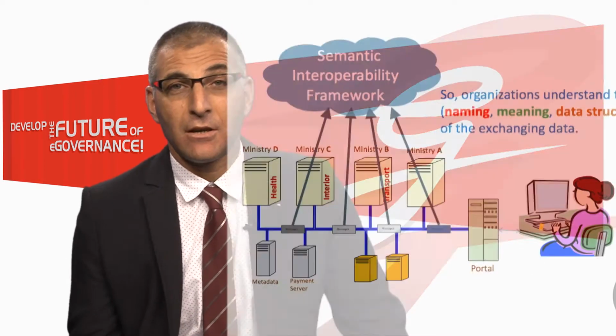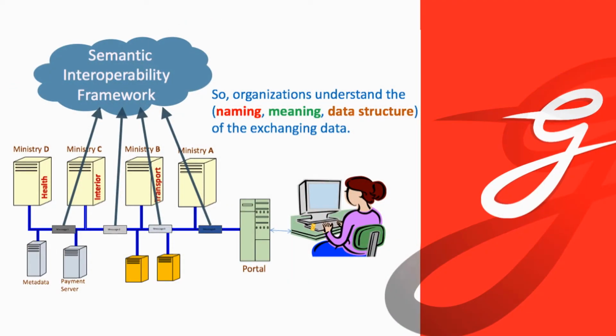When we send information about an address, some people say, I want to organize the address information as first the building name, then the street name, then the postcode, and then the country. But maybe others will use another structure. So there are different types of structures that people have to agree on. So there are challenges when we talk about semantic interoperability.